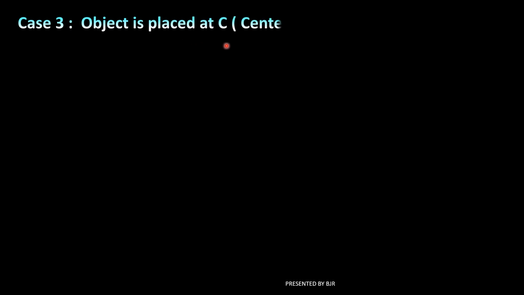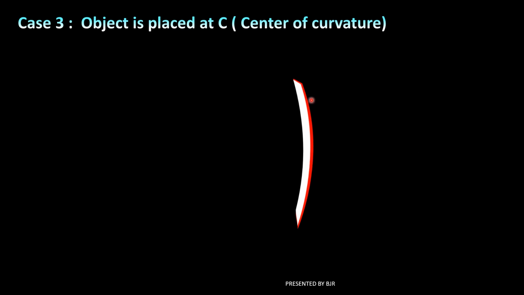Next, case 3. Object is placed at C, that is at the center of curvature. So this is the concave mirror.